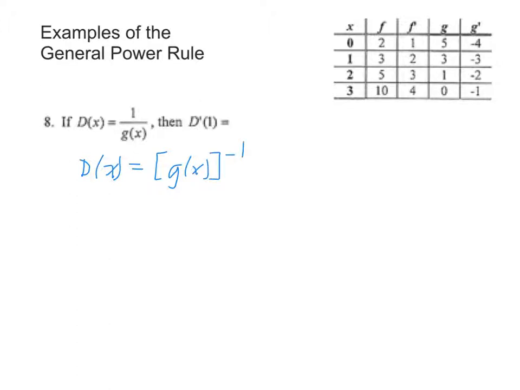Now it has a -1 power. According to the general power rule that we learned with the chain rule, the power comes down in front. I subtract 1 from the exponent, and then multiply by the derivative of the inside. I don't know what g of x is, but I do know that its derivative is notated by g prime.